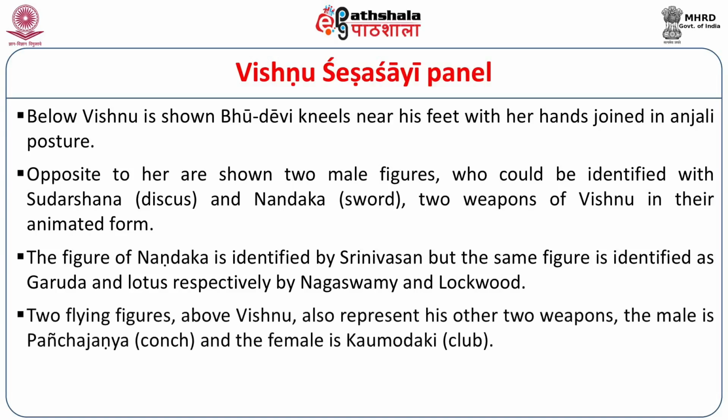Two flying figures above Vishnu also represent his other two weapons. The male is Panchajanya, the conch, and the female is Kaumodaki.